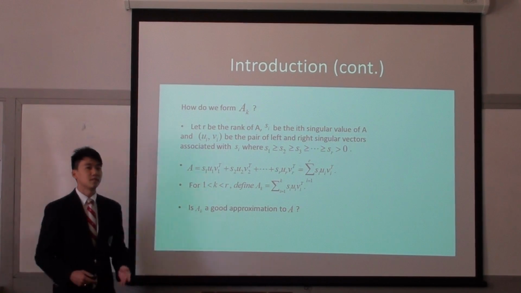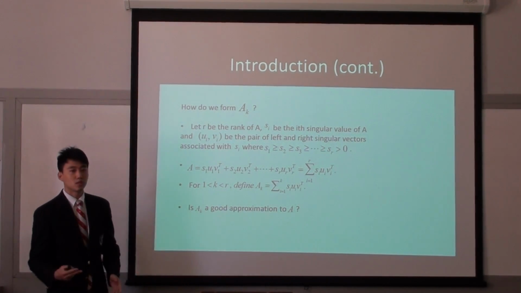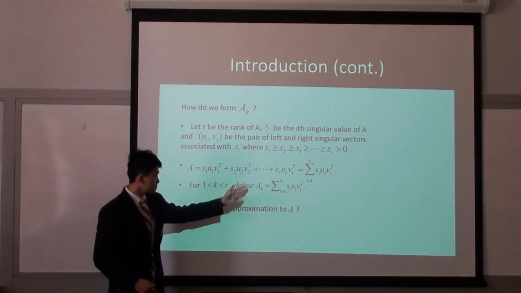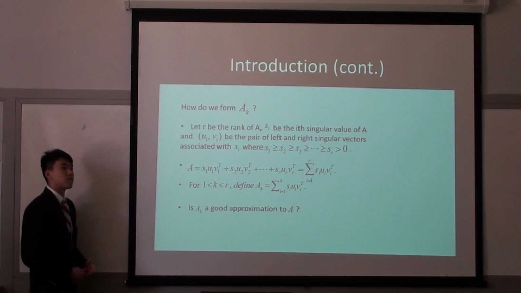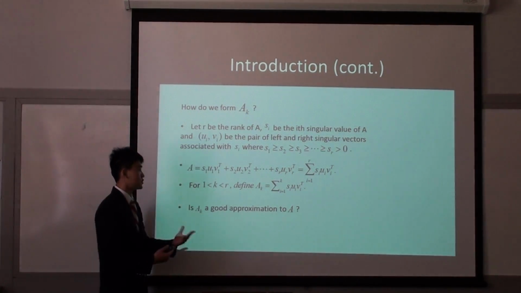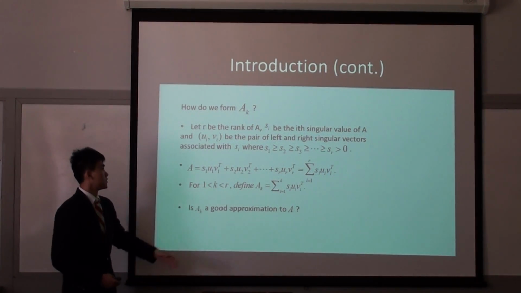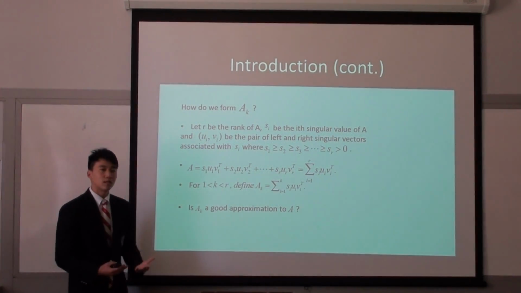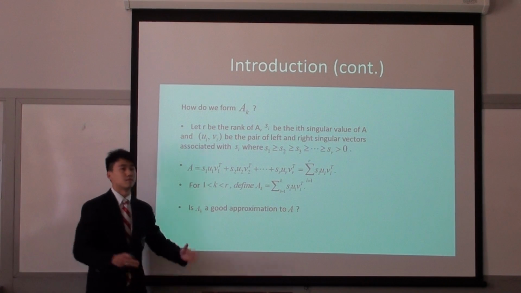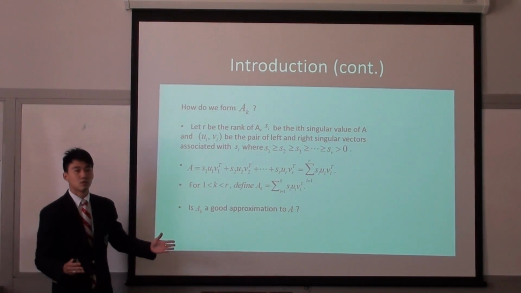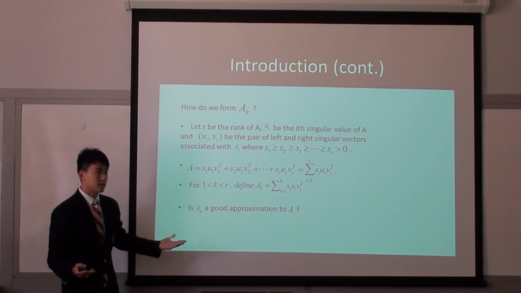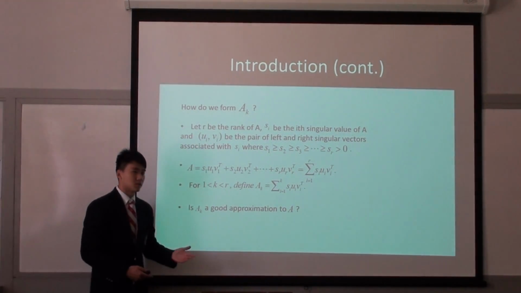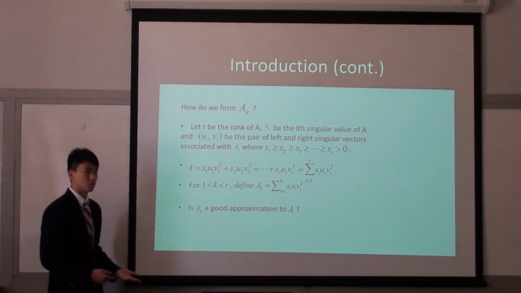So for example, if this matrix has a rank of 200, it will be 200 pairs of this. We want to form A sub k, which will be between the first rank and the last rank. So let's say if k equals 20, it will be the summation of the first 20 singular pairs. If k equals 80, it will be the first 80. So our question is, is A sub k a good approximation compared to the original one?